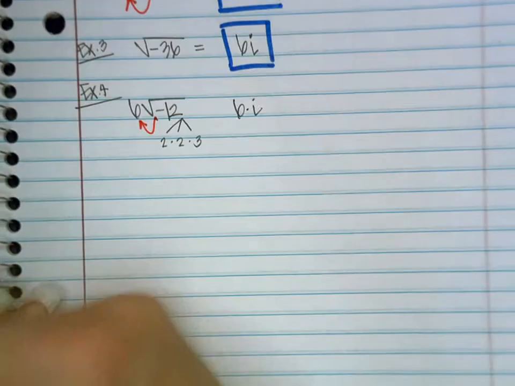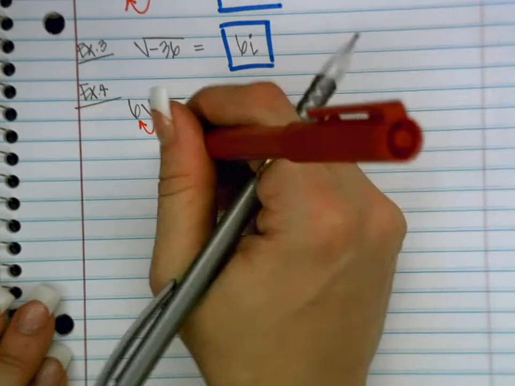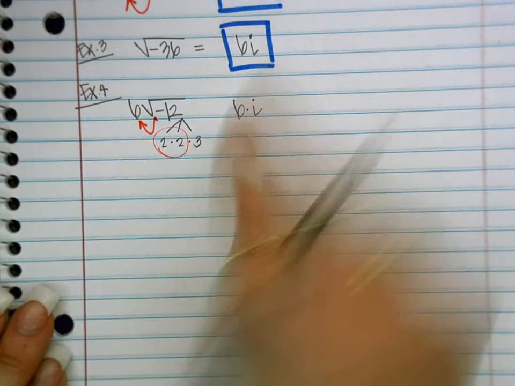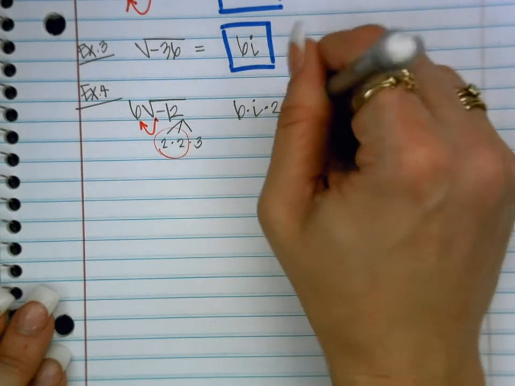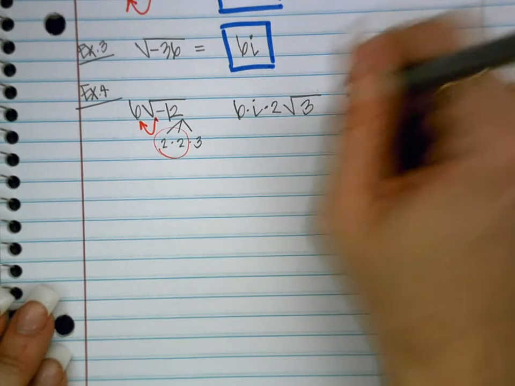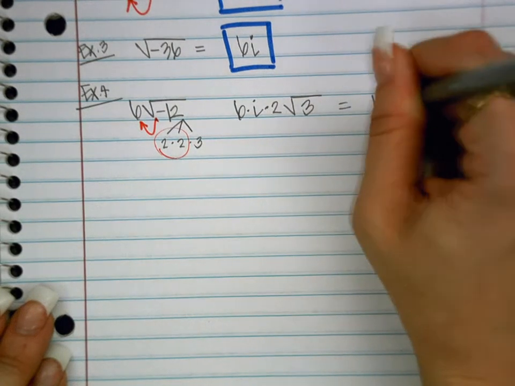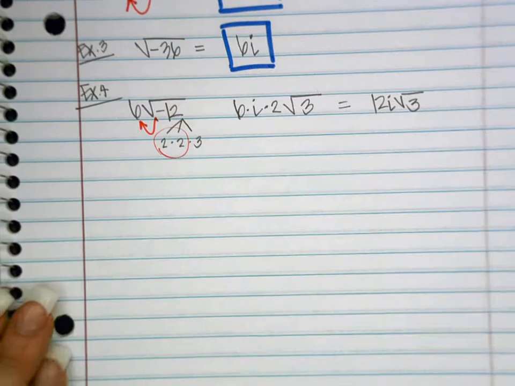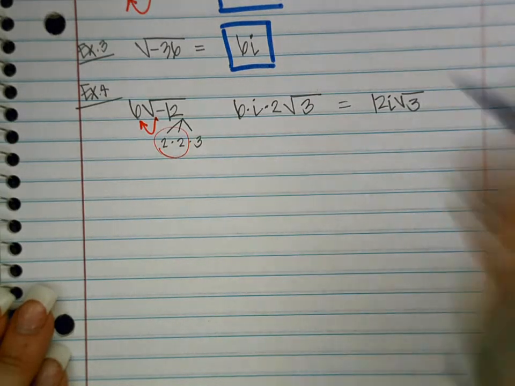So you should be able to take out a 2. So here we're really going to be multiplying a 6 times an I times a 2. Left behind will be the 3. So when you simplify completely, 6 times I times 2 gives you 12I root 3 for an answer. 12I root 3 is the answer that I'm looking for.